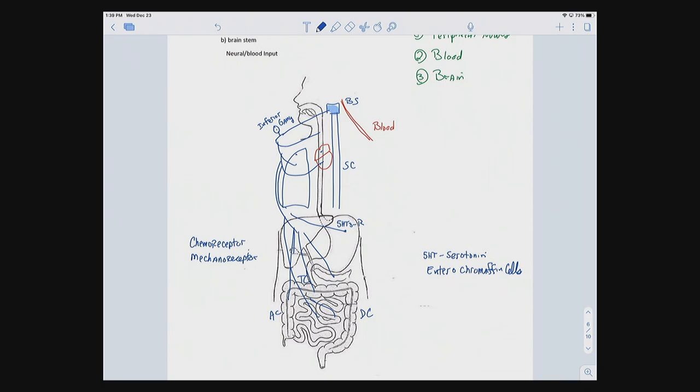So the serotonin will bind to the 5-HT subtype 3, and when they do that, it starts to send signals back up through the vagus, all the way to the brainstem, stimulating the vomit center and stimulating nausea. So this information gets communicated to the brainstem.